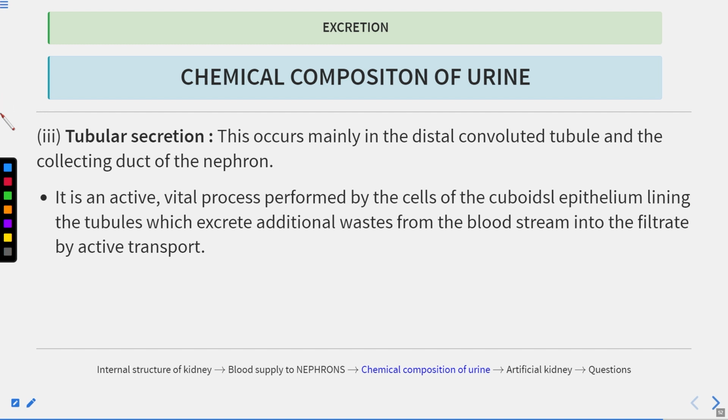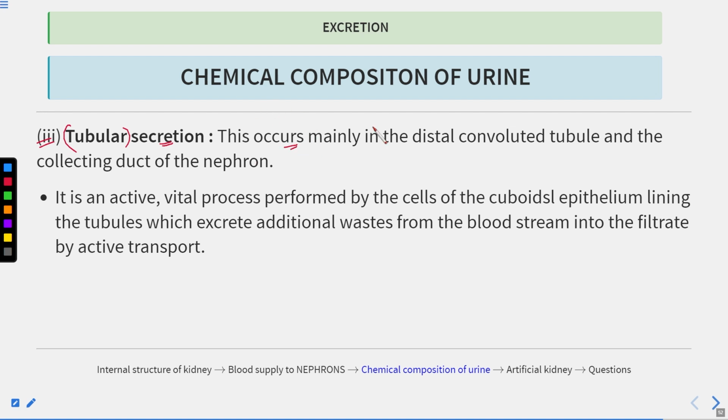Now the third one is tubular secretion. We were talking about absorption, but there are some secretions also. Some substances are secreted by these tubules, like the proximal convoluted tubule and distal convoluted tubule. They also secrete some salts into the urine.